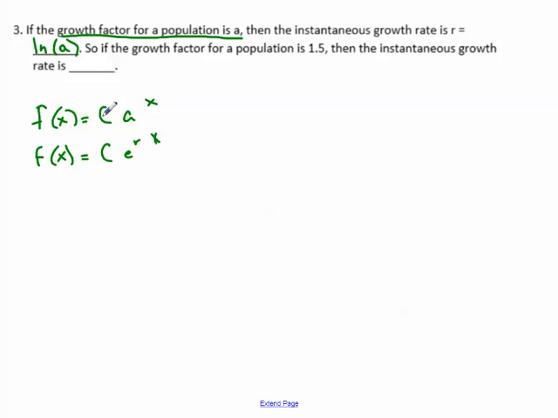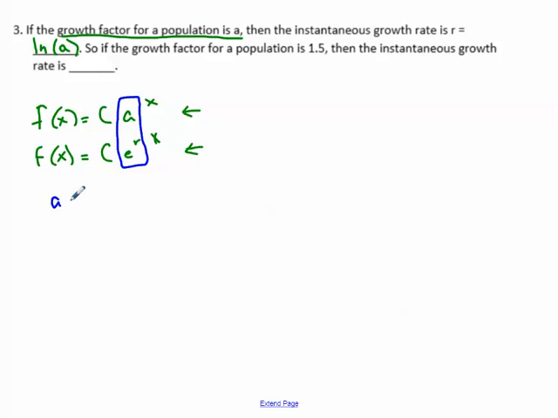Here's our standard exponential form. Here's our instantaneously growing population, or instantaneous exponential function. C is the same, x is the same, and the only thing that's different now is that a, our growth factor a, is equal to e to the rth power.